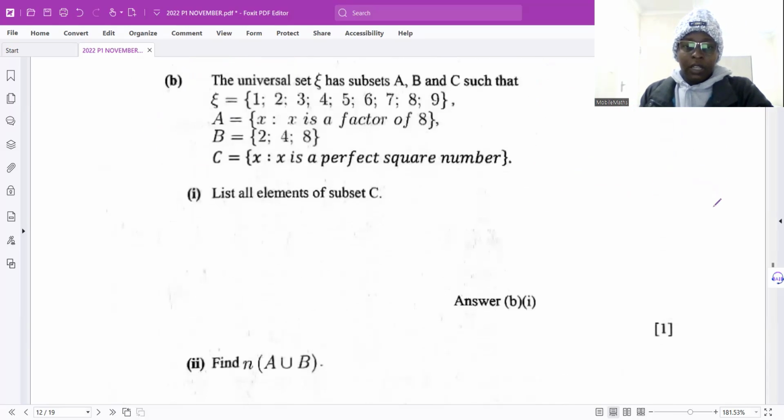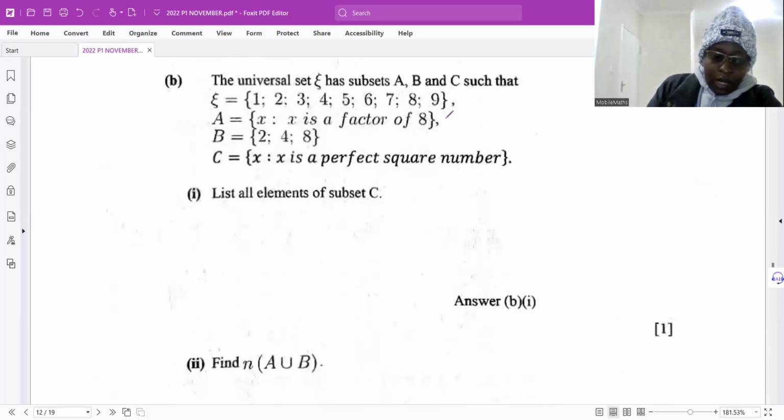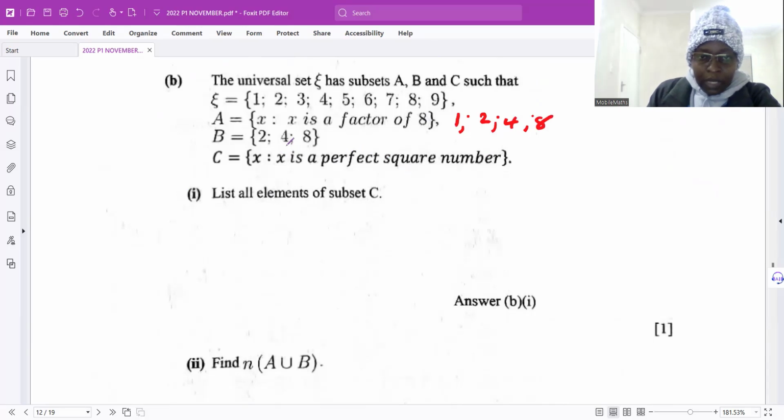Let's move on. Number B of the equation. The universal set has subsets A, B, and C, such that A is factors of 8. Factors of 8 are what? We've got 1, 2, 4, and 8, okay? Then B, we are given. C, they are saying, is a perfect square number.